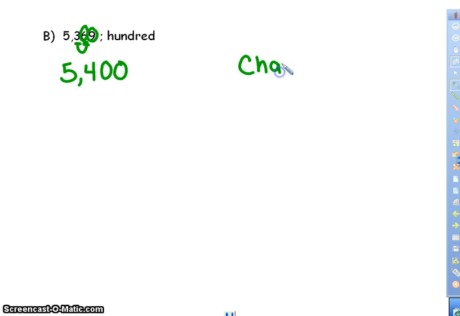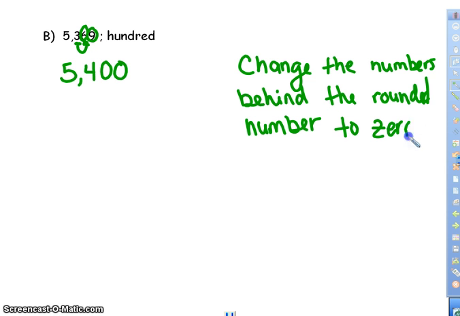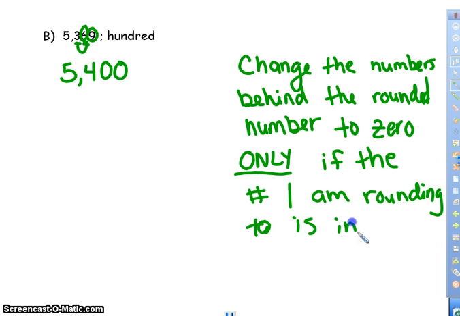So I'm going to write on the side: change the numbers behind the rounded number to zero only if the number I'm rounding to is in front of the decimal. Otherwise, I just drop it.